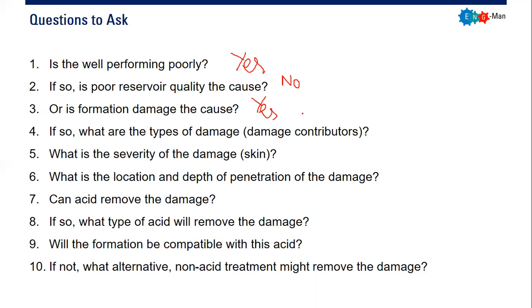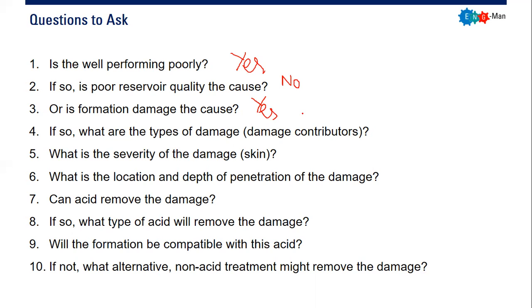Mechanical damage, we call them mechanical damage. If the damage can be solved with acid, then yes, acidizing will do the job. It is recommended for us to perform acidizing if there are damages and the damages can be eliminated by acidizing.